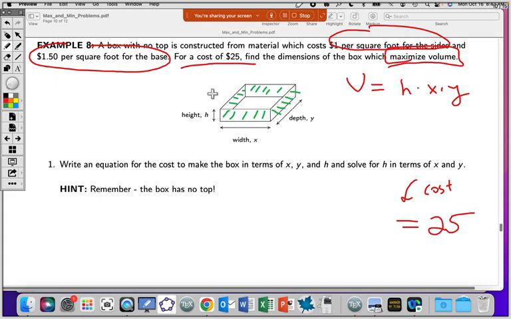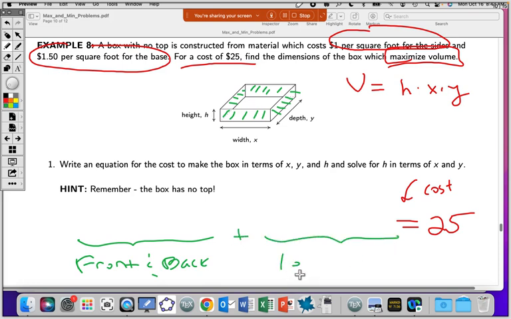We've got the front and the back and the left and the right side. So how can we figure out the cost? That's the total cost. We've got the cost coming from the front and back, plus the cost from the left and right.